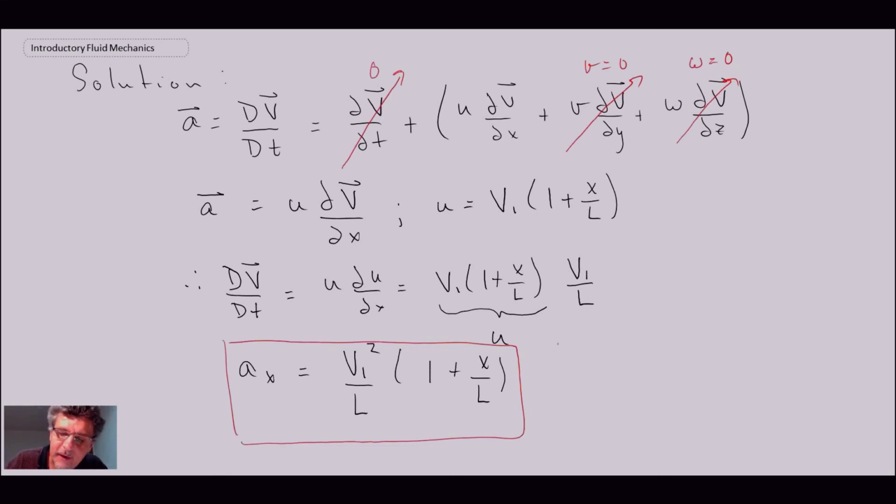There are a couple of things we can note. We have an acceleration ax even though this is a steady flow.